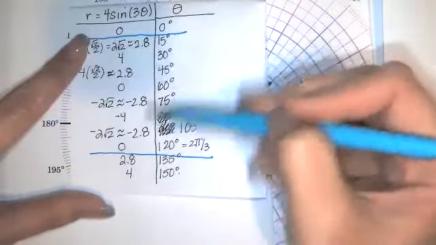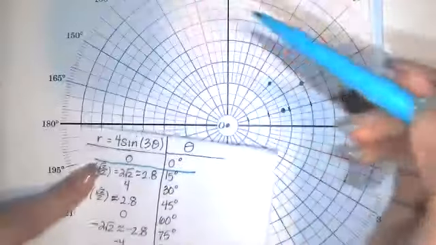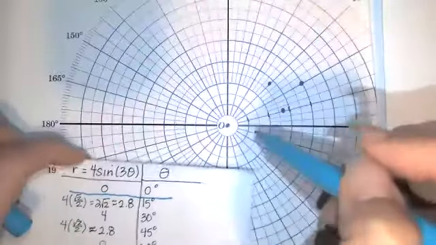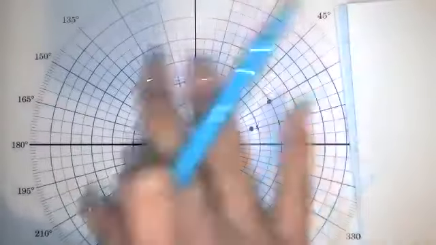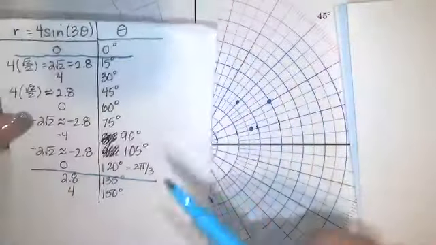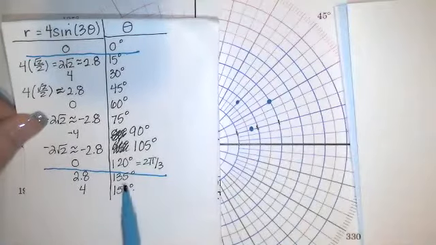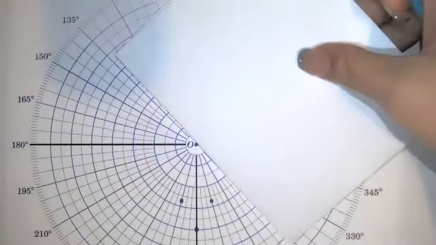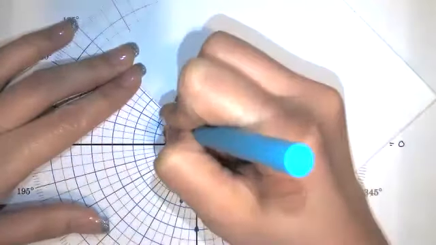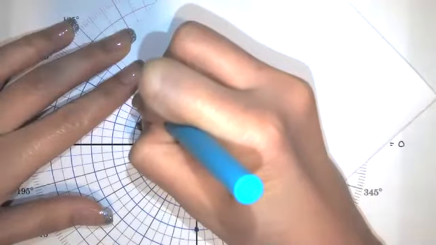And we want to keep doing this until we see repetition in the polar plane where we're graphing this. Okay. So at 135, we want to go out 2.8 units. There's 1, 2, 2.8.